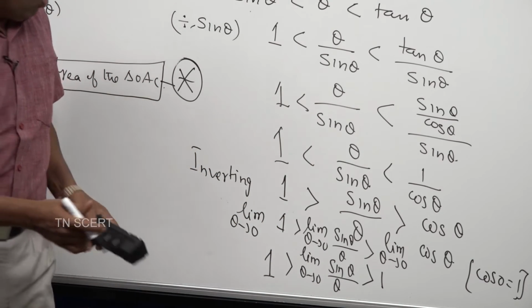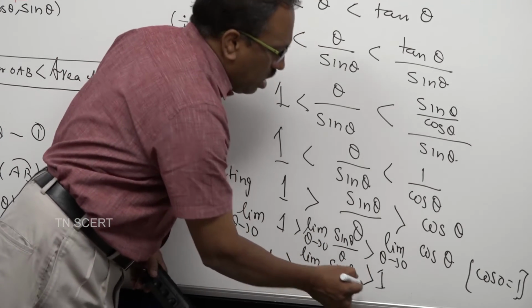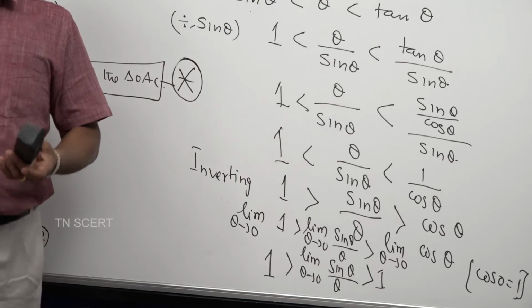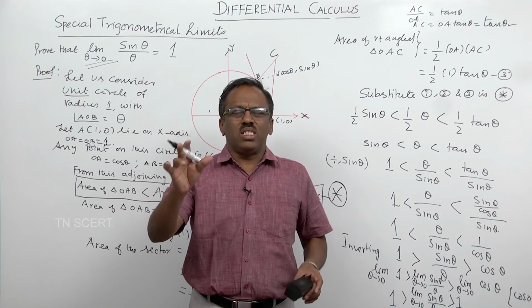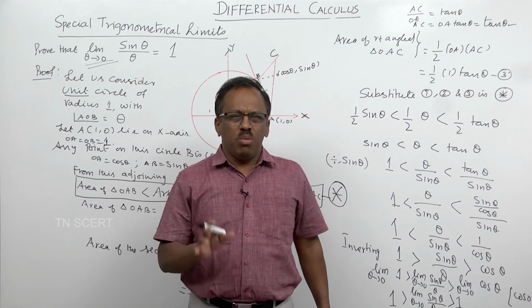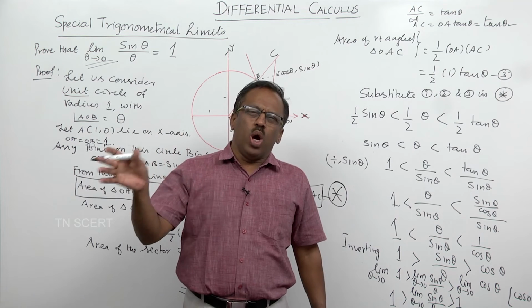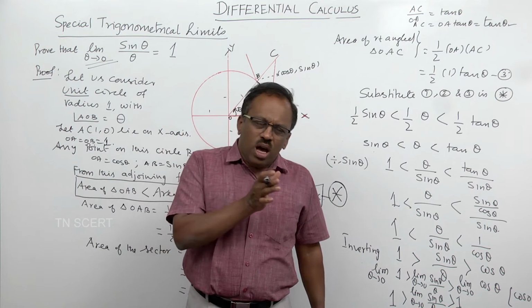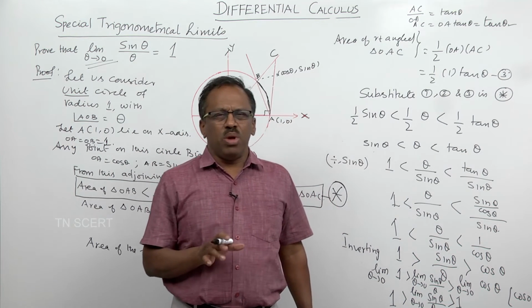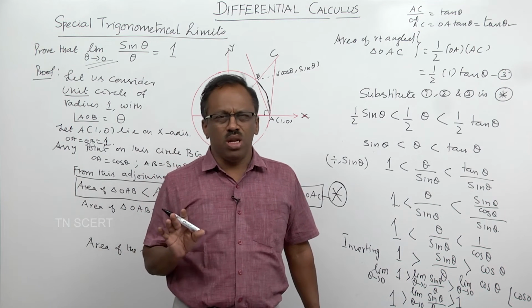That means 1 on both sides. What does it mean? 1 less than x less than 1 means the value of x does not go beyond 1 and does not get lower than 1, that means it is equal to 1. That is the meaning.